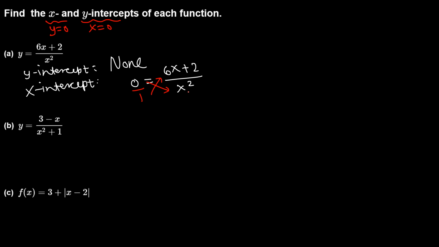Since x squared times 0 is 0, this implies 6x plus 2 times 1, so 6x plus 2 equals 0. Now let's isolate x: subtract 2 from both sides and divide by 6. So x equals negative 2 sixths, which is negative 1/3. So x equals negative 1/3 is the x-intercept.